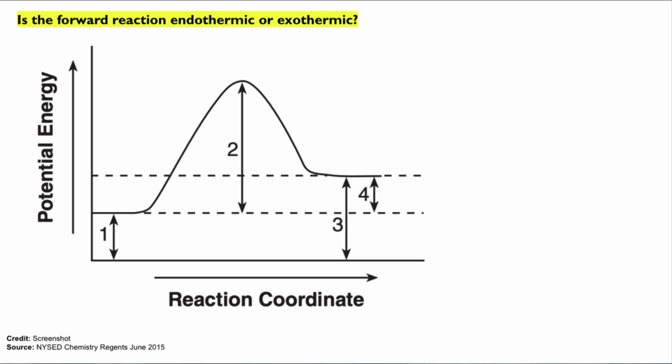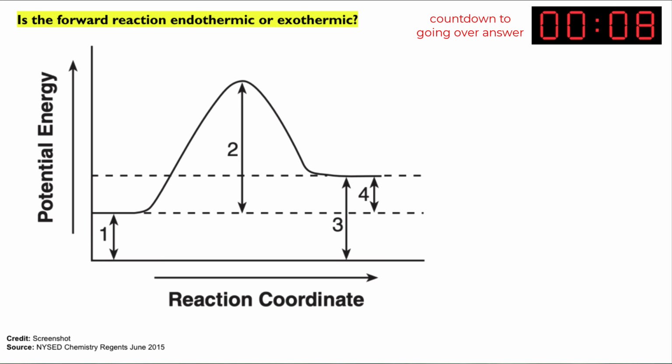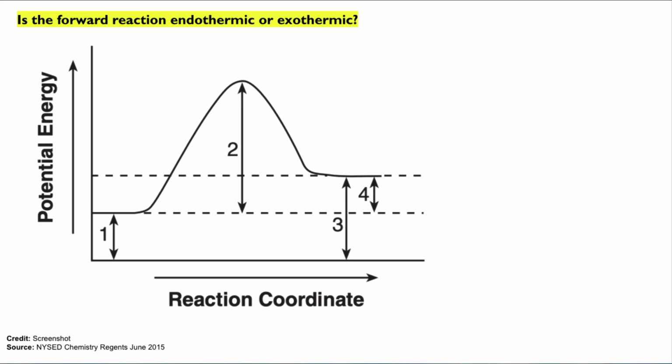Let's try another. Is the forward reaction of this potential energy diagram endothermic or exothermic? This one would be endothermic because the products have more potential energy than the reactants.